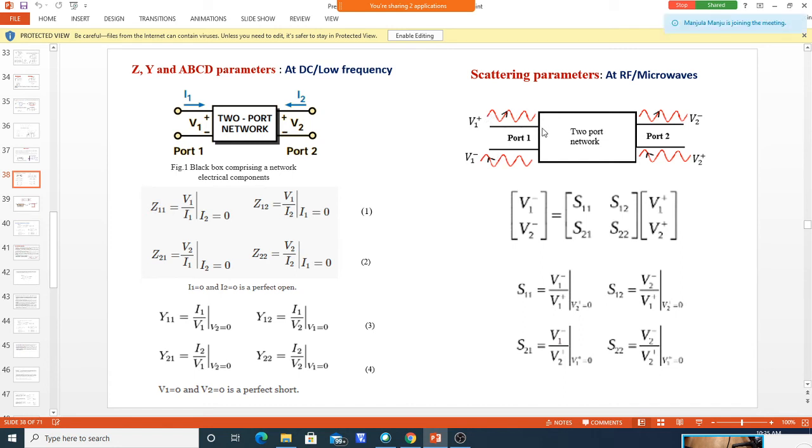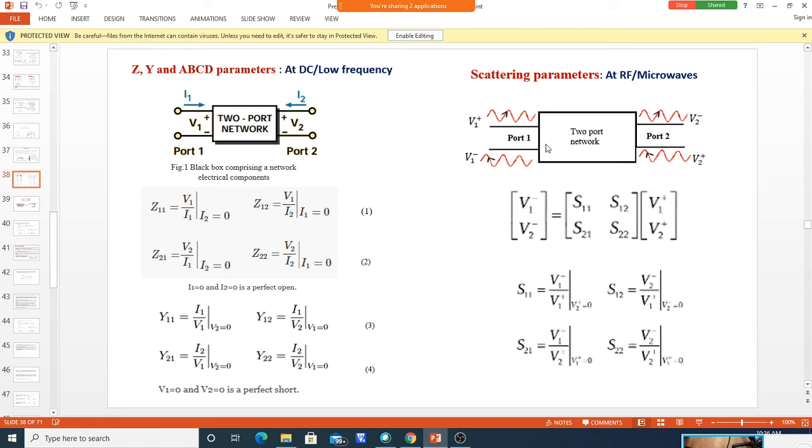We have to treat it as a wave, not as a total voltage or total current. A wave is propagating, because the component or circuit size is comparable with the wavelength at high frequency. So many wavelength variations may be there over the circuit, and we treat the signal as a wave instead of a constant voltage or current.